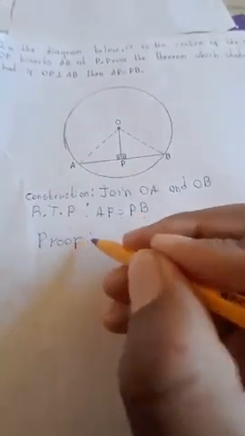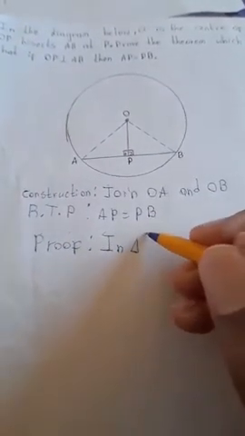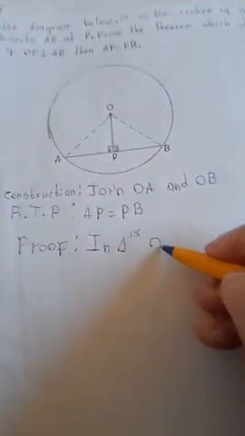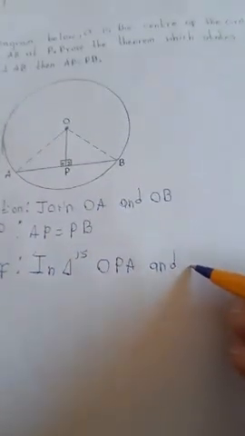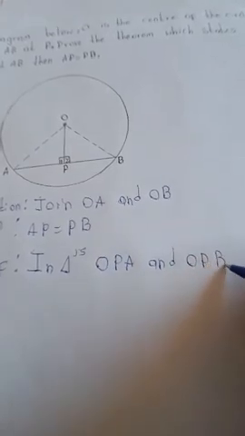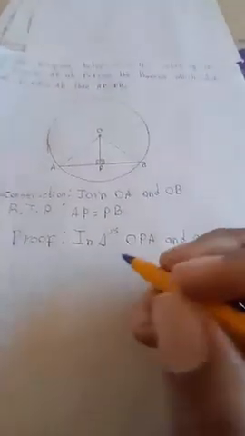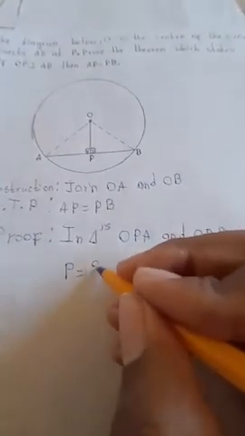And in our proof, we will say that in triangles OPA and OPB, first of all, angle P is equal to 90 degrees.